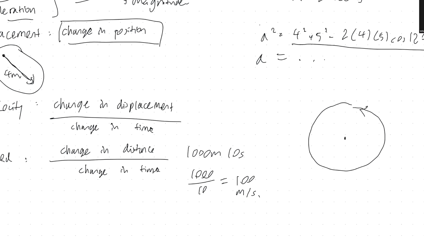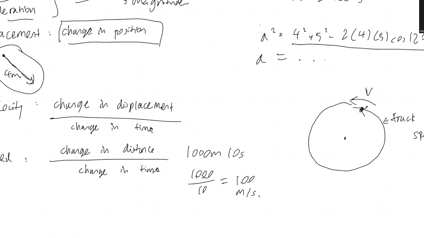Let's say this is the track, and we have this boy here who is running along the track at some speed, let's say v. In this case, the speed of the boy will be constant, correct? Because the boy is constantly running at the same speed, covering the same amount of distance per unit time.